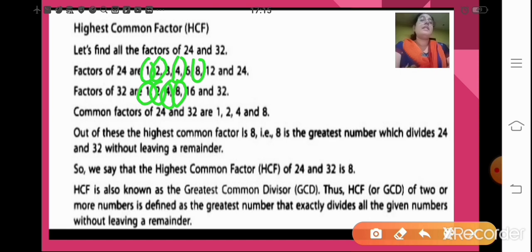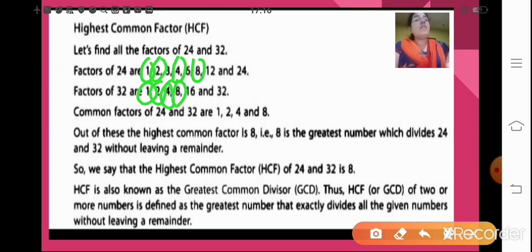That is the number 8. So the highest common factor is 8. 8 is the greatest number which divides 24 and 32 without leaving a remainder.